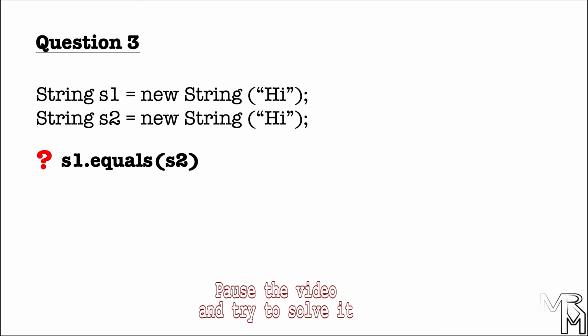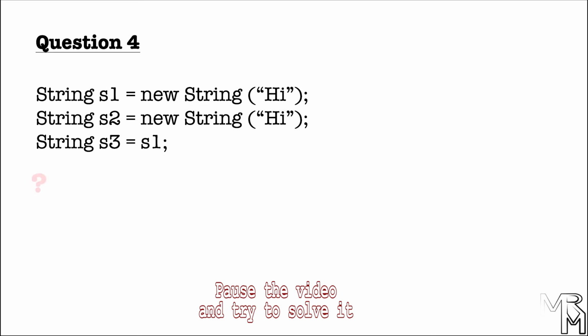Here, however, because both string objects contain the same text, hi, comparing S1 and S2 using the equals method returns true. In this question, because S3 points to the same string object as S1, and the string object contains the text hi, the equals method returns true.